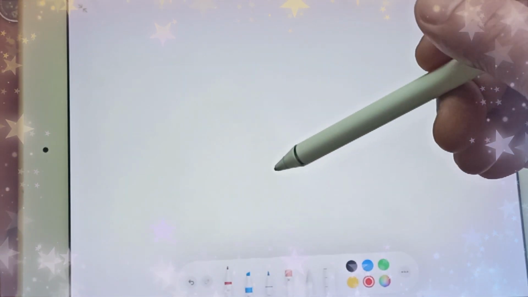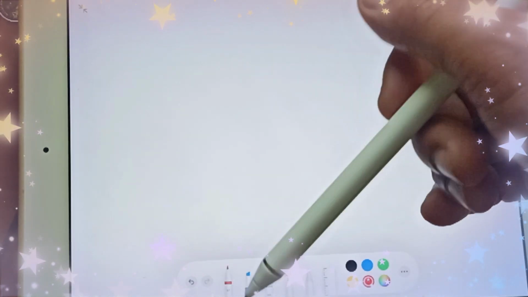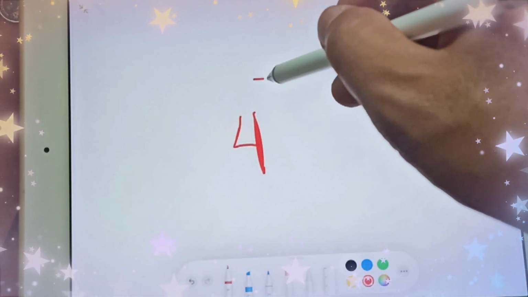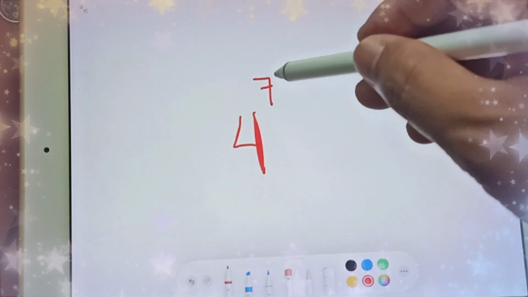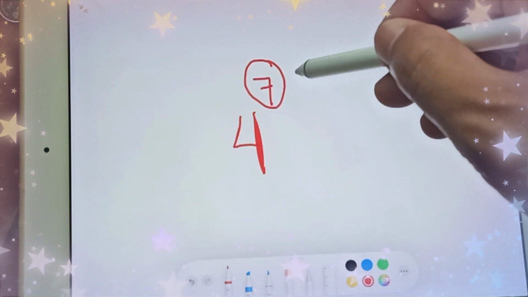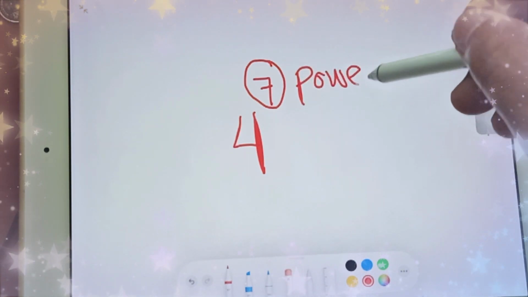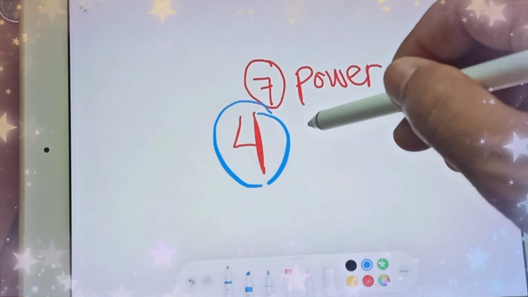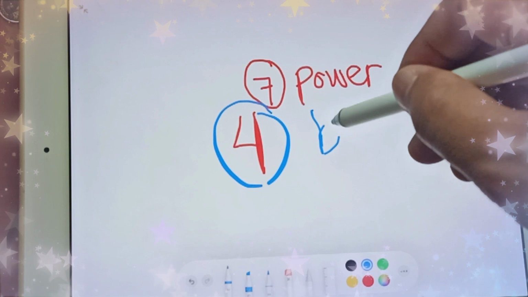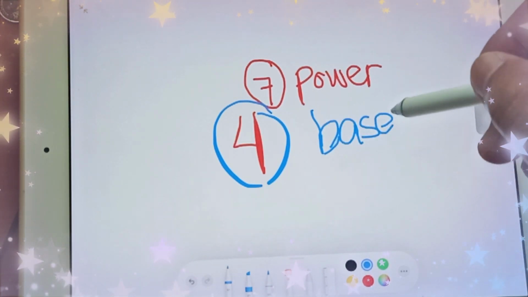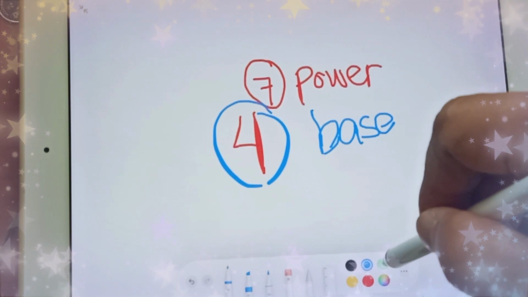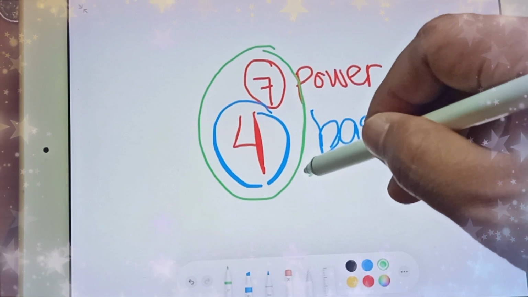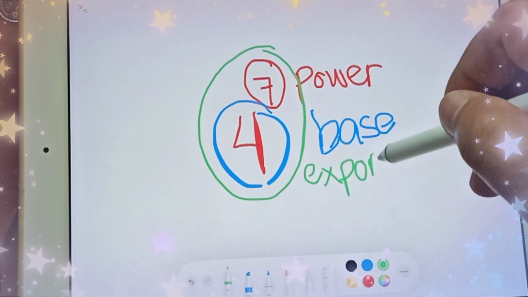Okay, let's have an example. Evaluate each of the following exponential numbers. If you have 4 to the 7th power, again 7 here is called the power, and 4 is called the base, while 4 to the 7th is called the exponential notation.